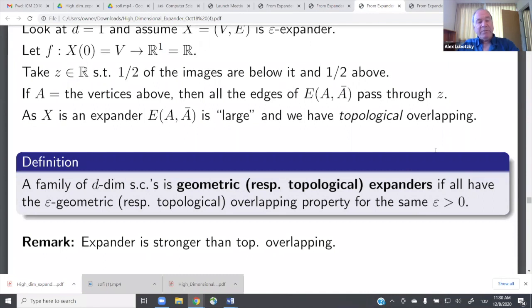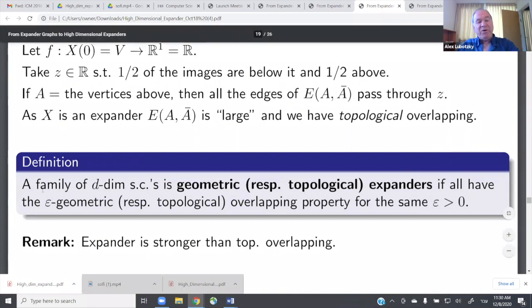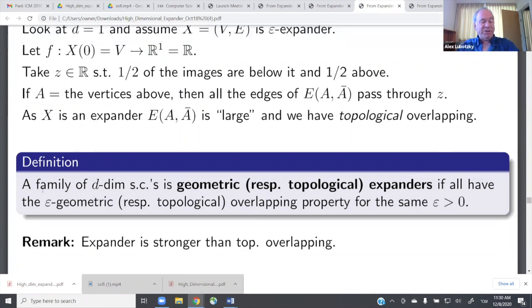We say that a family of d-dimensional simplicial complexes is a family of geometric expanders if they all have the epsilon geometric overlapping property, and we will say that these are topological expanders if they have the epsilon topological overlapping property.